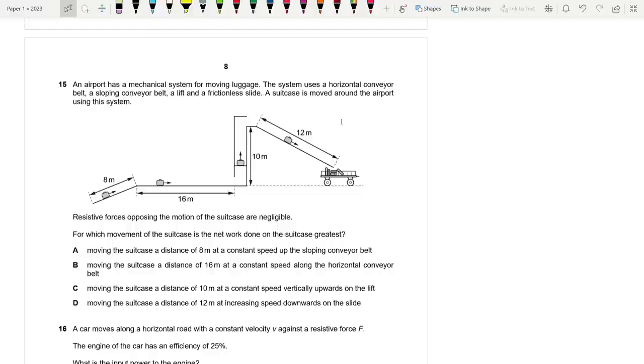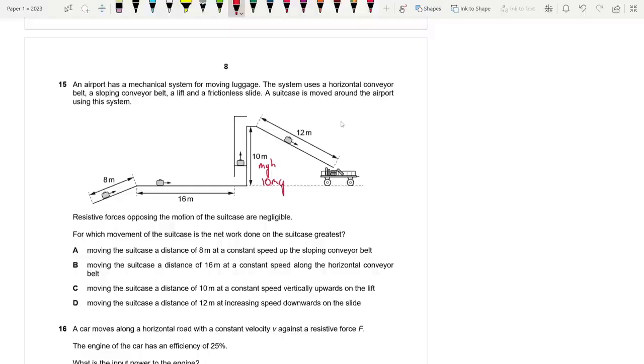Okay, so all of them are at constant speed except the last one. So here it's getting GP, so it's going to be mgh. So it's 10 mg over here.